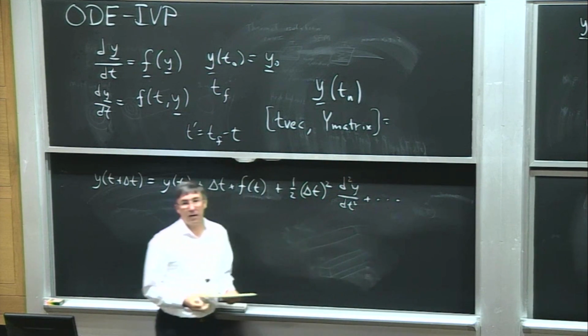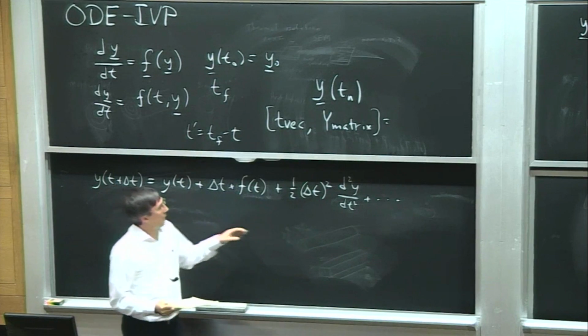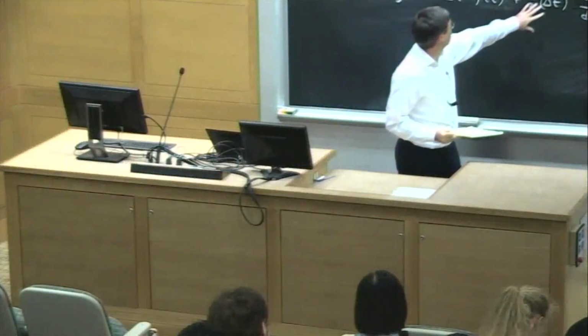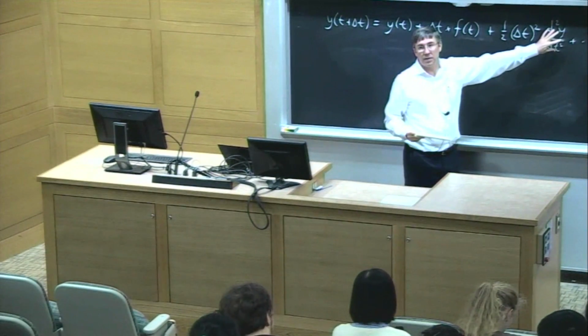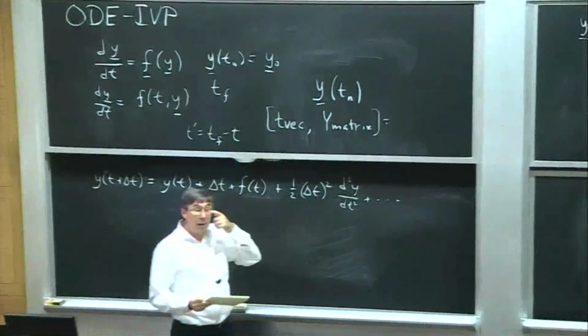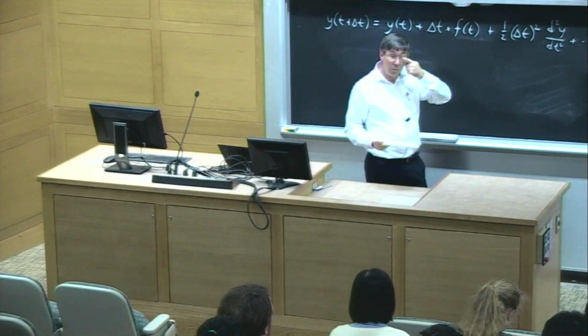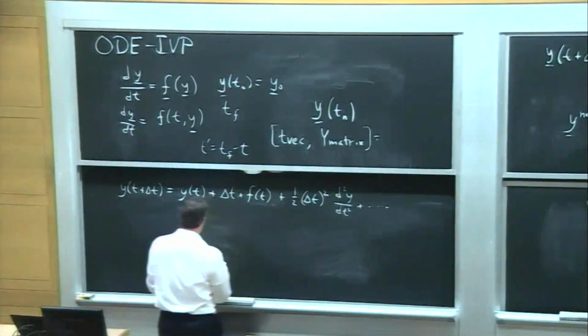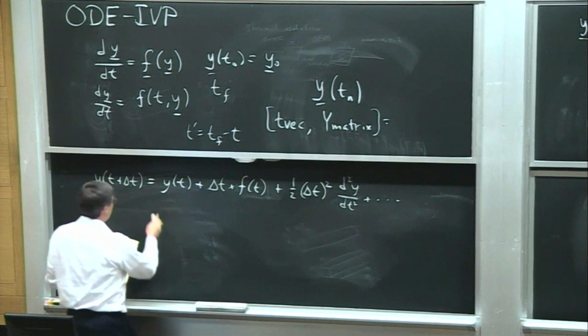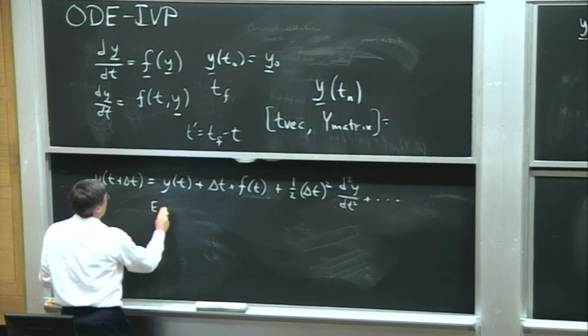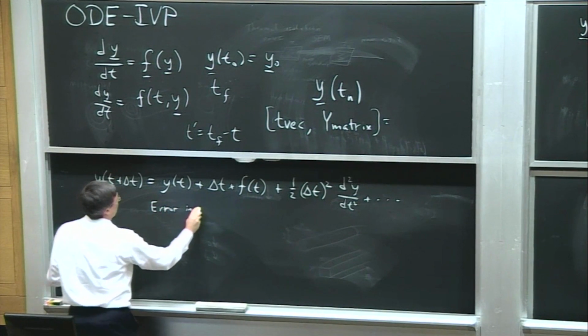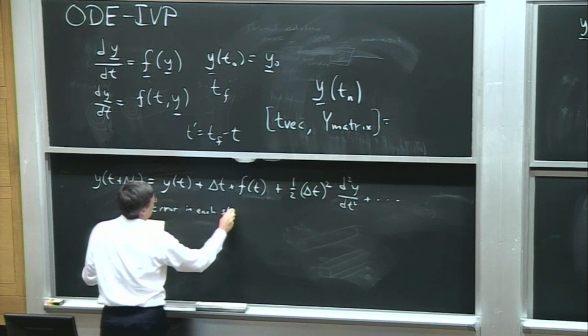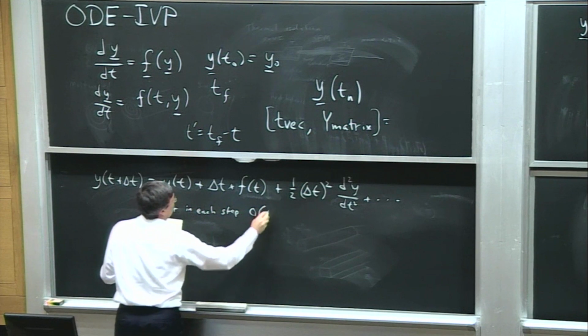Right? And so when we made the approximation to do the rectangle rule, we just threw this term away. So that's the leading term that we threw away. So we made an error of order delta t squared. Okay, because normally the second derivative is not exactly 0. So we have an error in each step that's order of delta t squared.